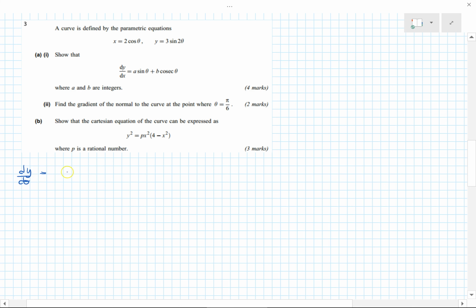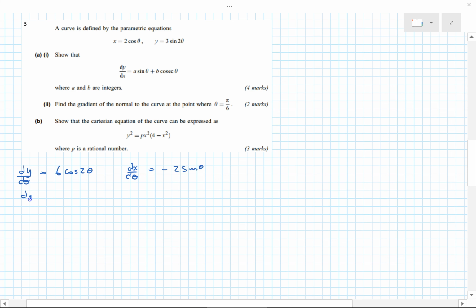dy by d theta is equal to 6 cos 2 theta. Sine differentiates to cos, but because of the 2 theta, it's a basic case of chain rule. That's 6 cos 2 theta. And then dx by d theta equals minus 2 sine theta.